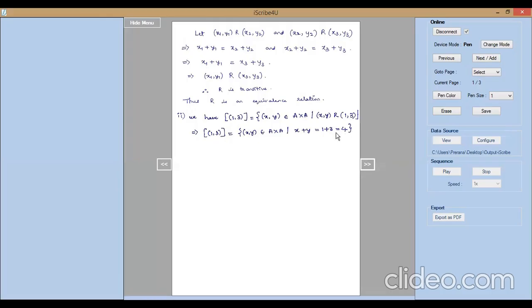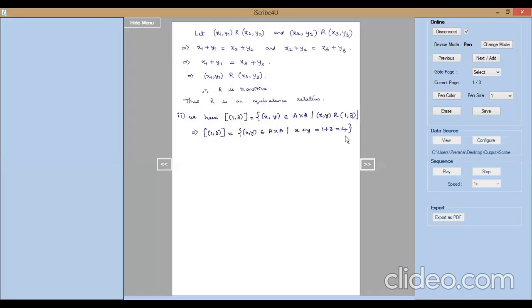So now I have to collect all those ordered pairs x comma y from the main set A cross A such that the sum of those x and y values is equal to 4.